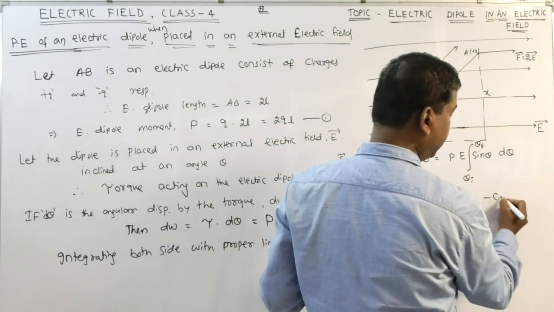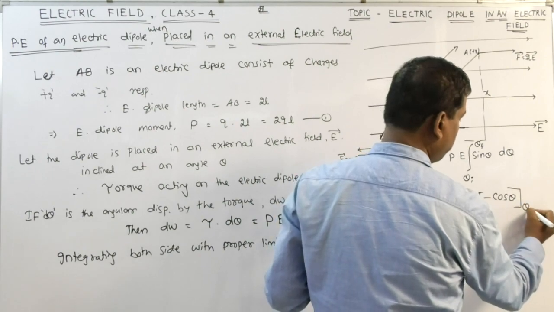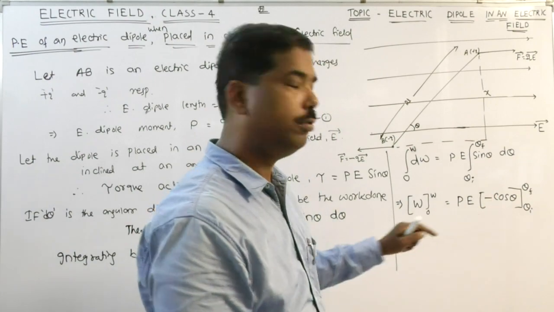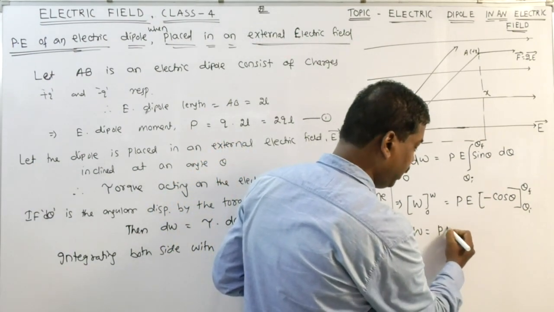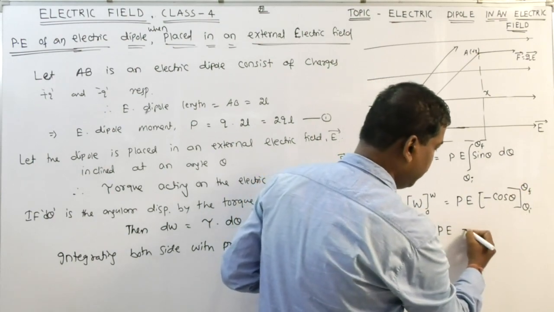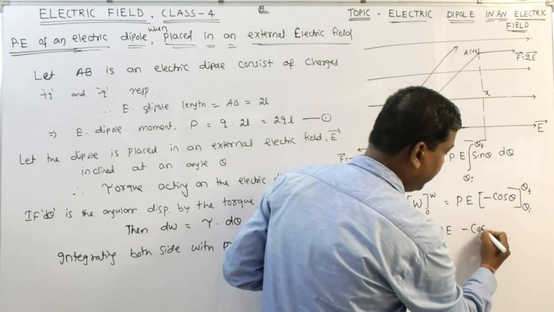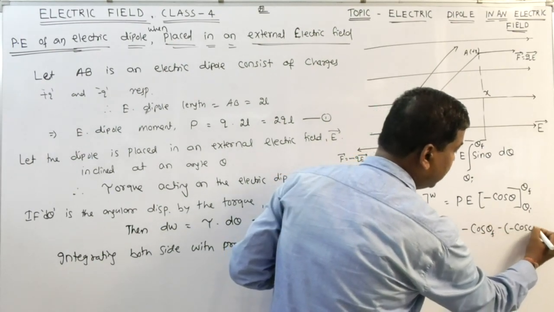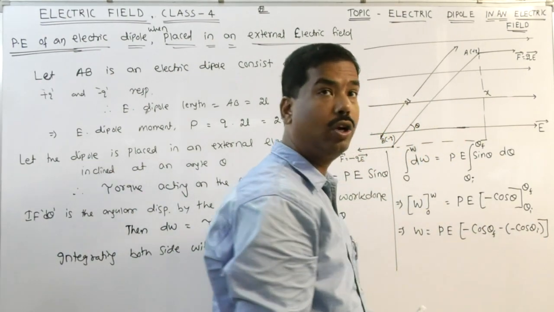Integration of sin theta d theta, how much? Minus cos theta from theta I to theta F. Clear? So W is equal to P E times minus cos theta F minus cos theta I. Okay?